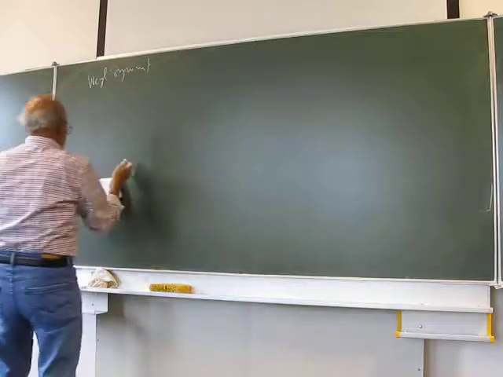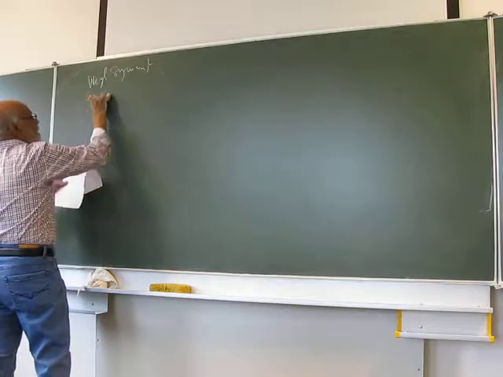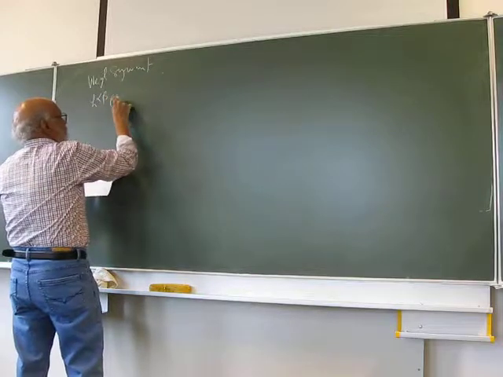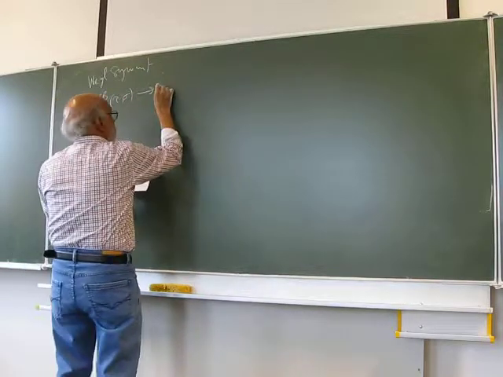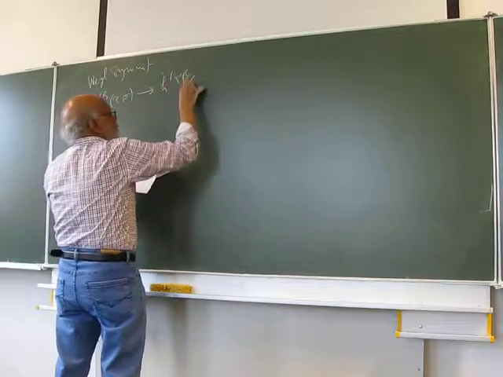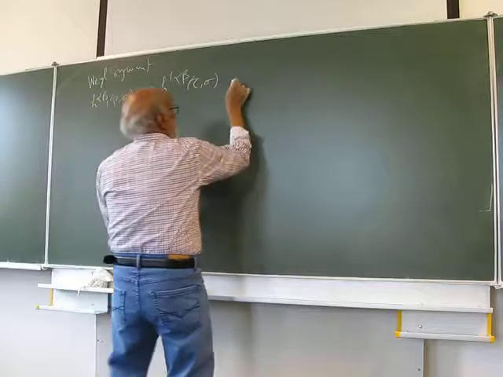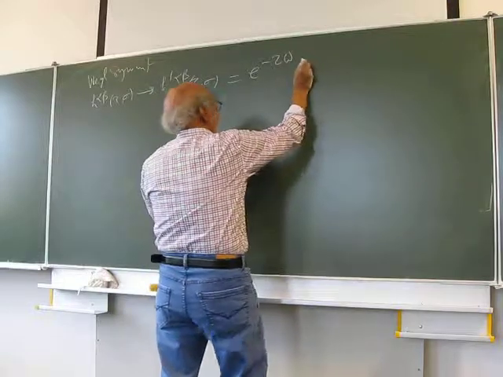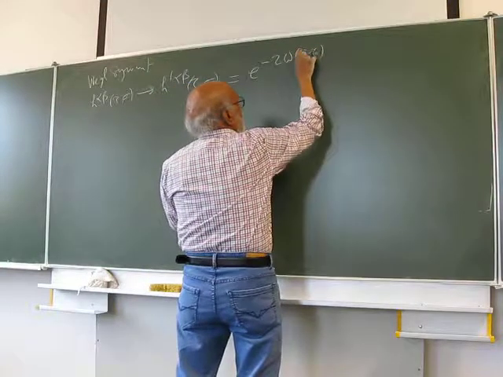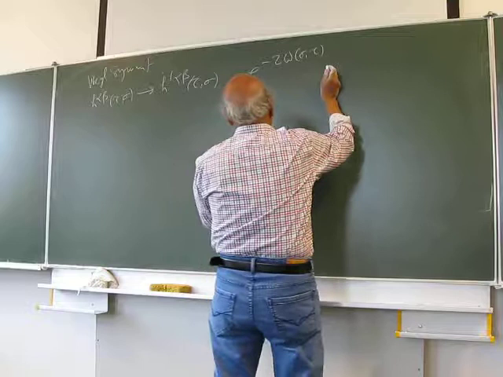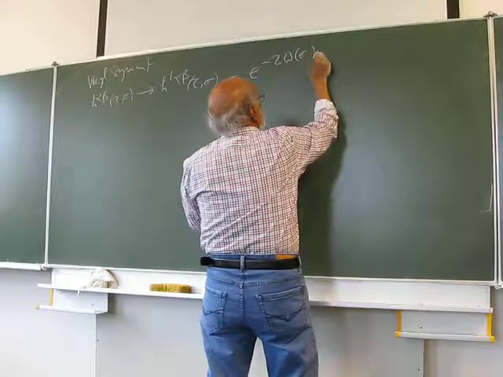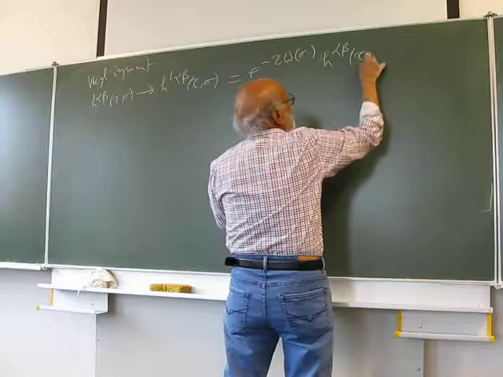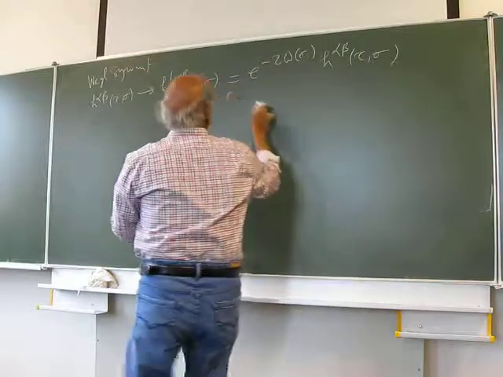And here h alpha beta, of course a function of sigma and tau, goes to h prime alpha beta of sigma and tau, and this is e to the power minus 2 omega of sigma and tau times h alpha beta.